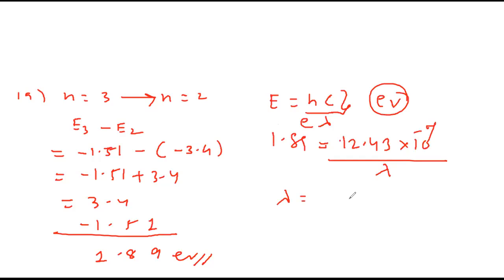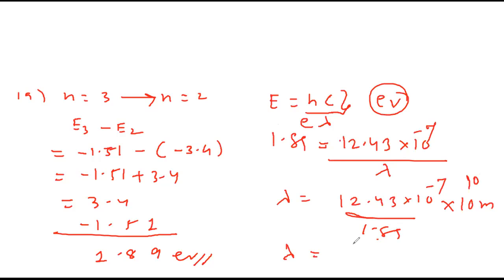So lambda will be 12.43 into 10 raised to minus 7 into 10 raised to 10 in angstrom upon 1.89. 1.89 is close to 6, so 6566 angstrom. This is one method.